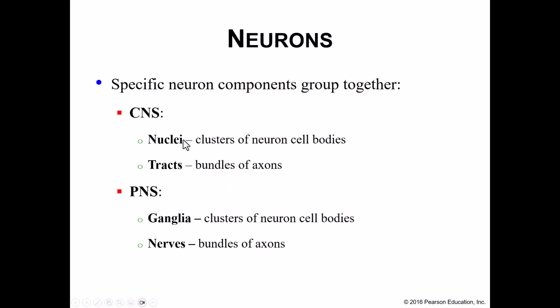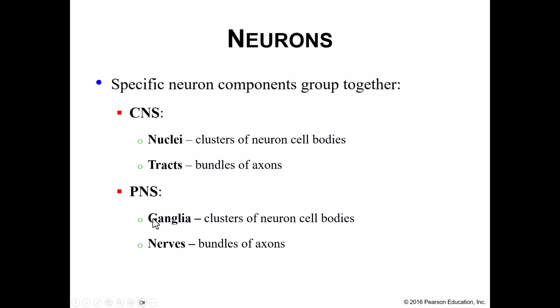So when you put groups of neurons together in the CNS, clusters of the neuronal cell bodies are going to be our nuclei. The axons coming off of all those are going to be the tracts. In the PNS, when you get clusters of neuron cell bodies, it's ganglia. But these are all going to be right next to the spinal cord.